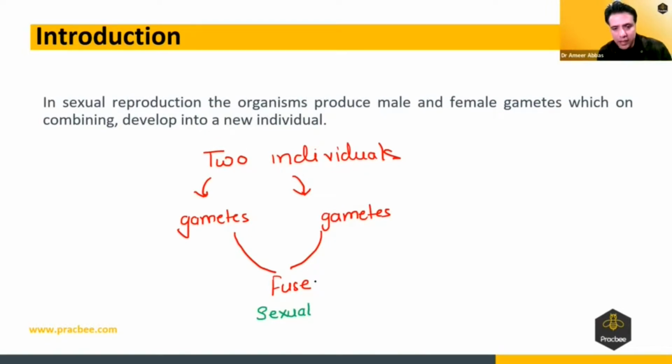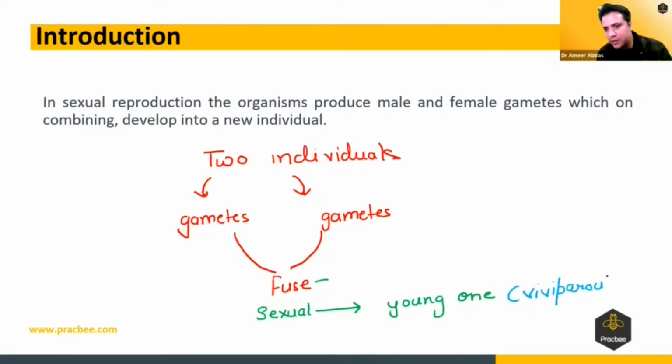So when they reproduce sexually, their gametes come together, fuse, and give rise to young ones. So this means they are viviparous. These are very easy things which you all must know.